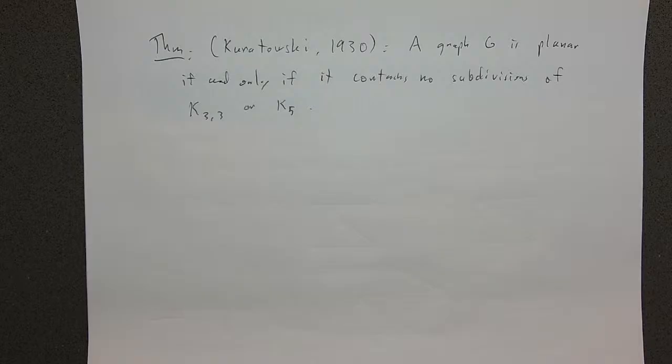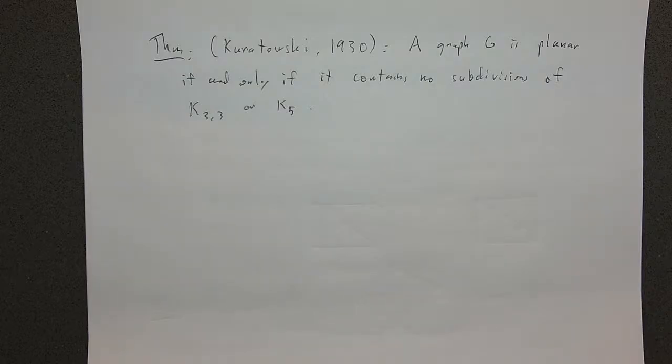That's all that matters. That's all that determines whether or not the graph is planar. So if it doesn't contain any subdivisions of K3,3 or K5, it is planar. And if it does contain them, it is non-planar. So this is a full answer to this.